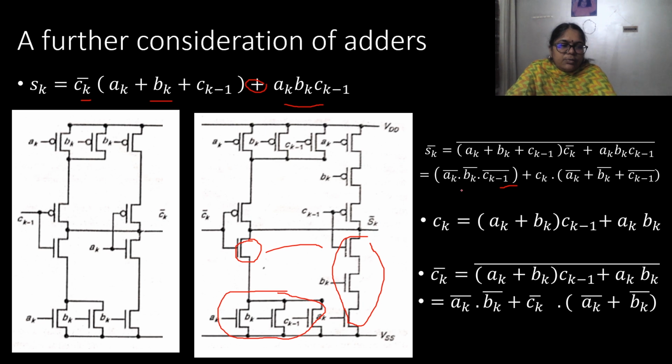So we use 3 PMOS transistors in series, to which A, B and Ck minus 1 are given as the inputs. Similarly, we have Ak bar plus Bk bar plus Ck minus 1 bar. So we have 3 PMOS transistors in parallel, to which Ak, Bk and Ck minus 1 are given as the inputs. Now this term is ANDed with Ck.